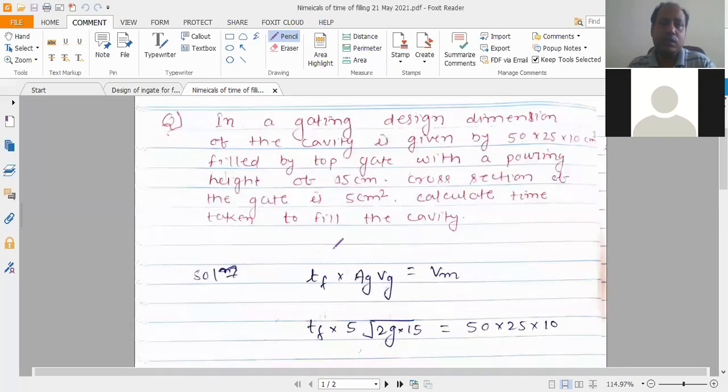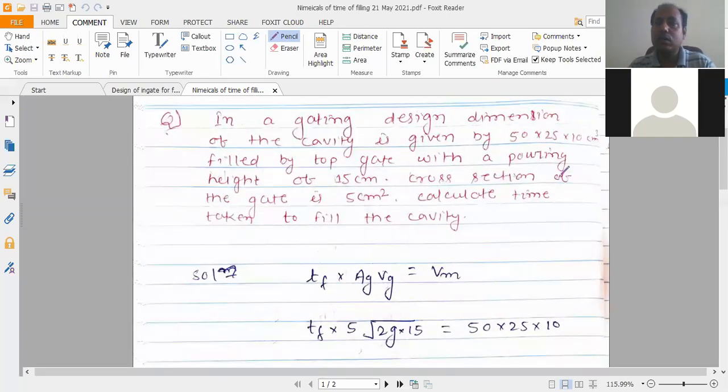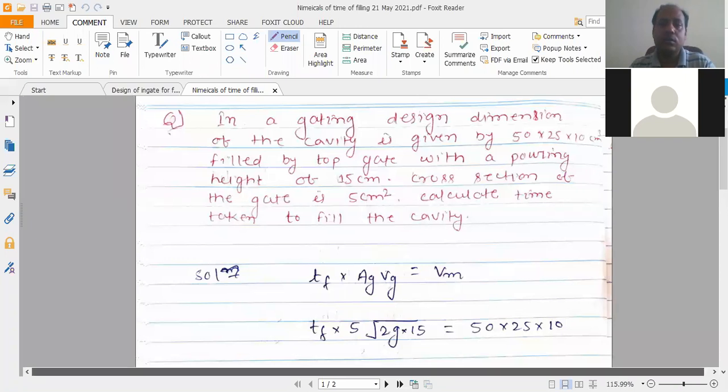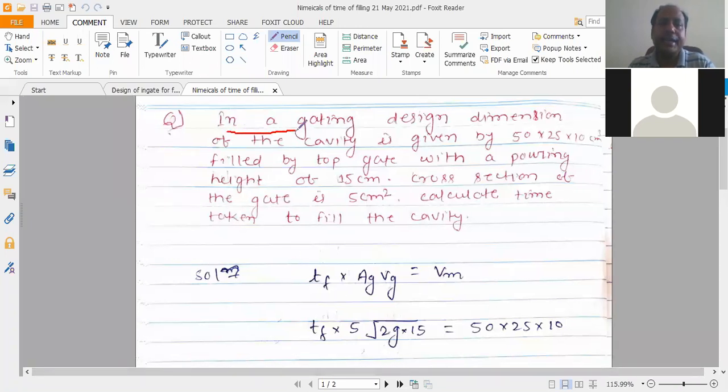Let's see the question. In a gating design, the dimension of the cavity is given as 50 into 25 into 10 centimeter cube. That means this is the mold cavity dimension given. The height is 10 centimeter, the breadth is 25 centimeter and the length is 50 centimeter.